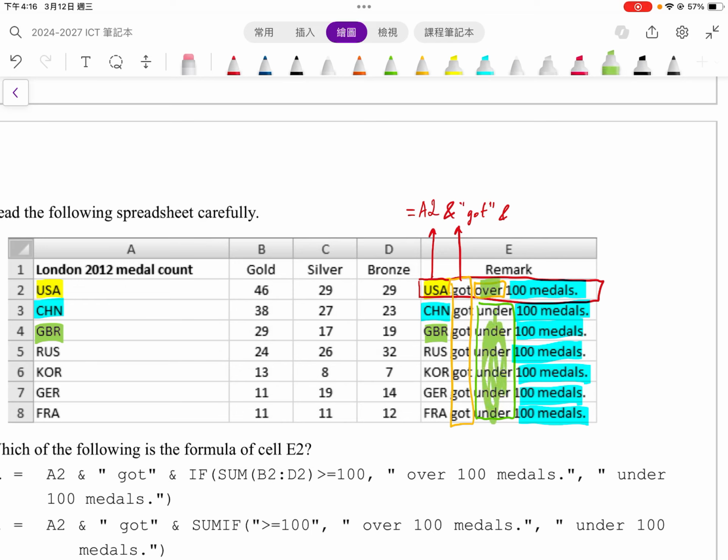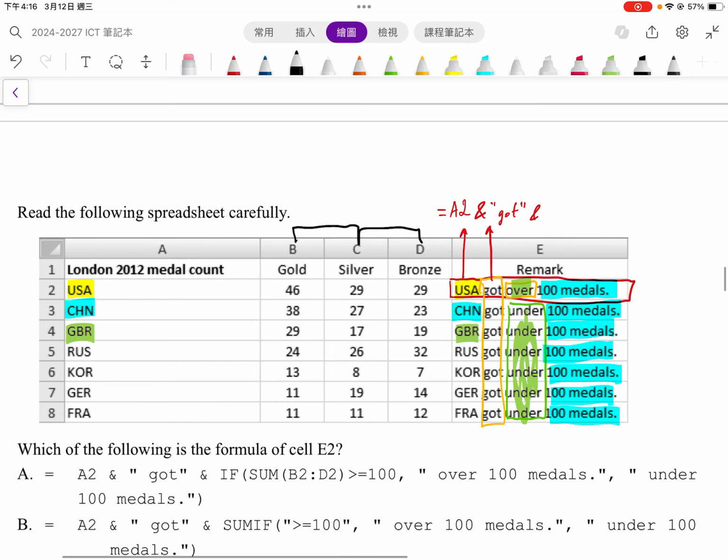And let's understand what we mean by over 100 medals and also what we mean by under 100 medals. So look at B, C, and D column. So for USA, if you try to do the addition 46 plus 29 plus 29, which is equal to 104, right? This is definitely over 100.